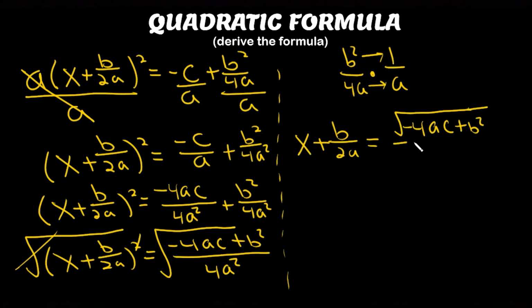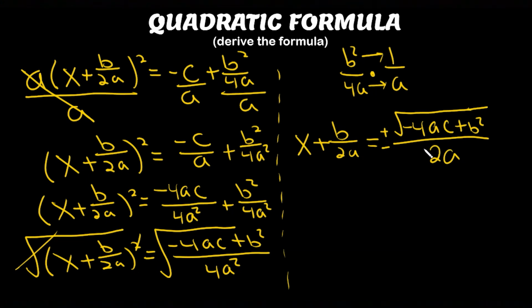And then all over, again, I have to take the square root on the denominator as well. But if I take the square root of 4a squared, well, the square root of 4 is 2, and the square root of a squared is a. I'm left with 2a. And now remember, you took the square root. So whenever you take the square root, it's always going to be plus or minus. So what I'm going to do here is write plus or minus, okay?